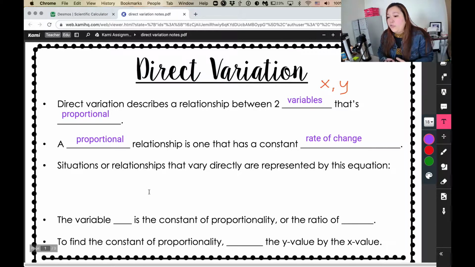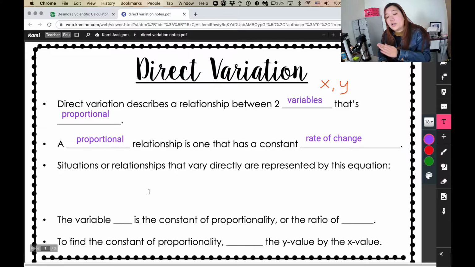So an example of a non-proportional relationship would be a waiter, because waiters get paid like $3 an hour, but they make most of their money off of tips, and tips are not constant. Right? Like 1 hour, it might be really popular and make $100 in tips. Then maybe in the next hour, nobody comes to the restaurant and they only make like $5 in tips.